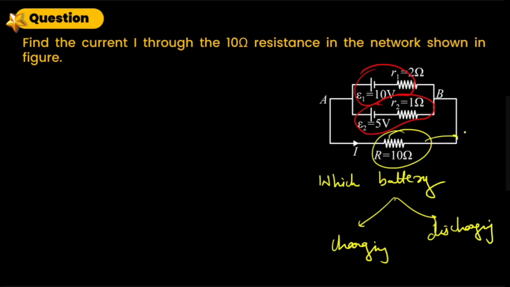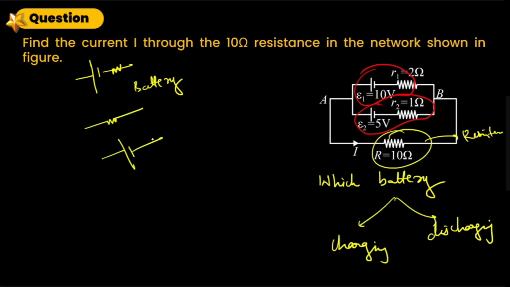This is not a battery. So remember the symbols first. This is a battery having a small resistor, and this is a general resistor, and this is a cell which doesn't have any internal resistance. So this is how we are supposed to write them in the circuit as well.